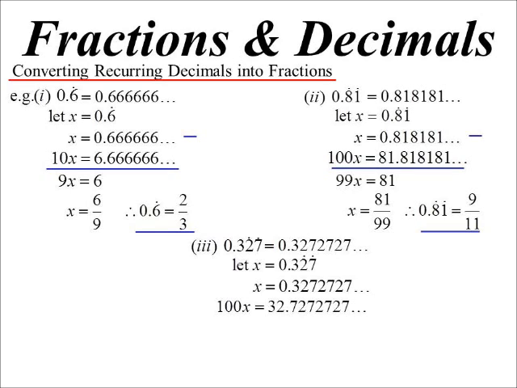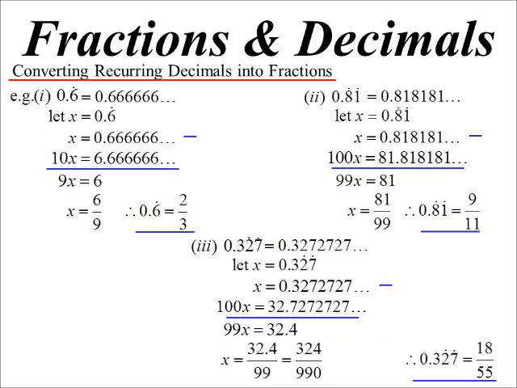The 2727272727 lines up. That will still subtract. So if I do a subtraction, I get 99x is 32.4. Well, we don't normally write fractions with a decimal on top, so multiply top and bottom by 10. We get 324 on 990, and that's 18 on 55.